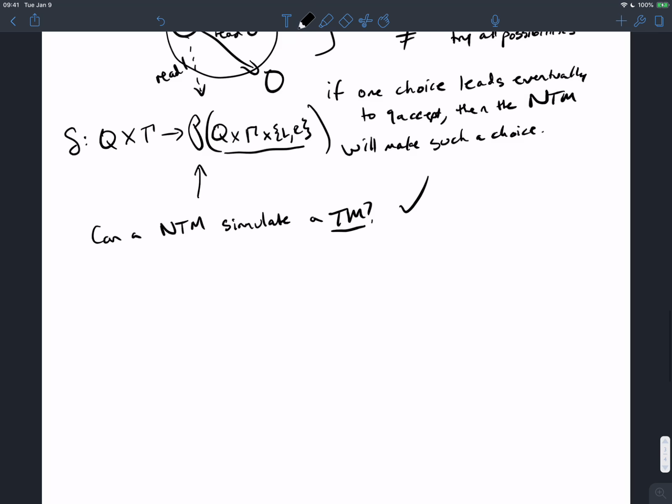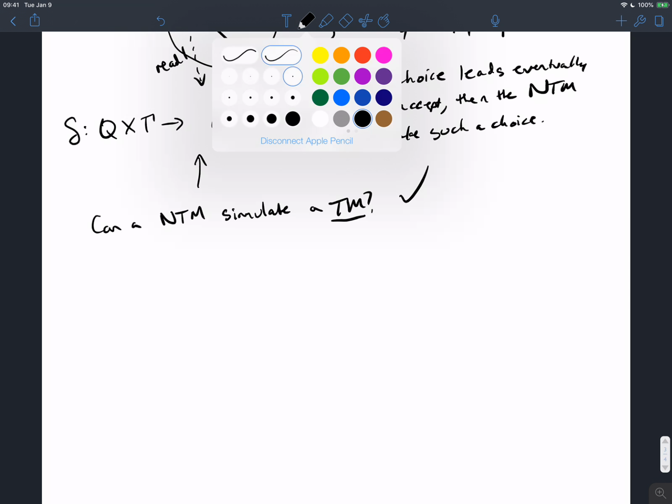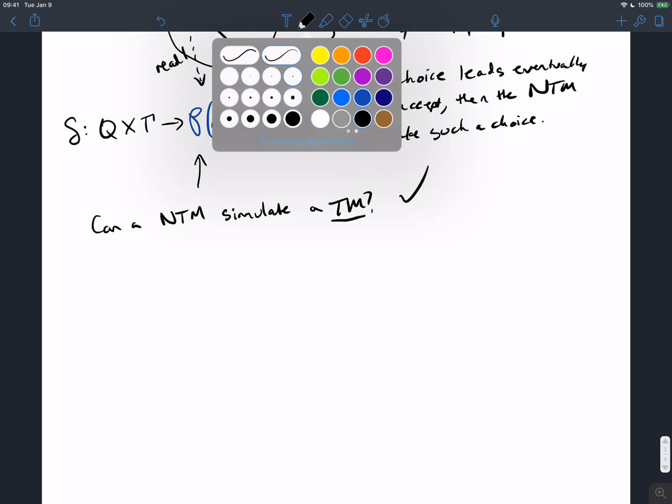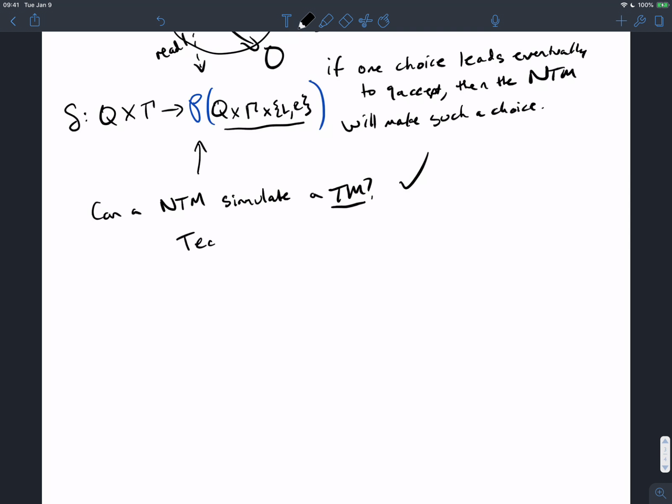There's a slight technicality here. Remember, the right-hand side of the normal Turing machine is just this. But if we add the non-deterministic part on top of it, note that this is a set of sets. The technicality is that the Turing machine has a right-hand side of delta that is not a set.